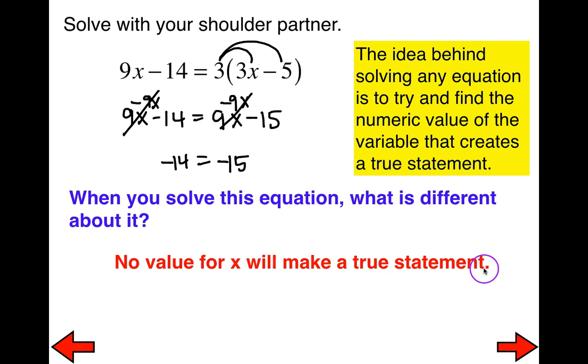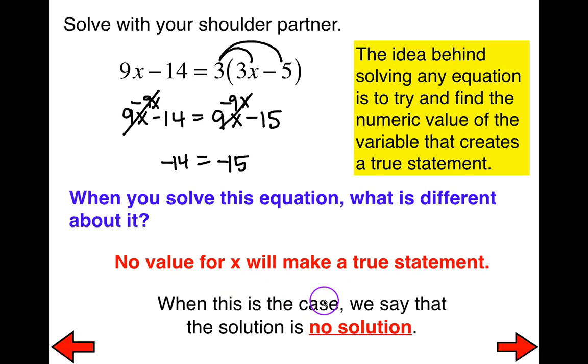However, when we have this case, where our variables are eliminated and we end up with a false statement, since there is no value for x to make it a true statement, I can't substitute anything in to see if it really is the case. So here, what you would say as an answer is there is no solution. This is the one exception where you can't really check your work because there is no solution that will work.